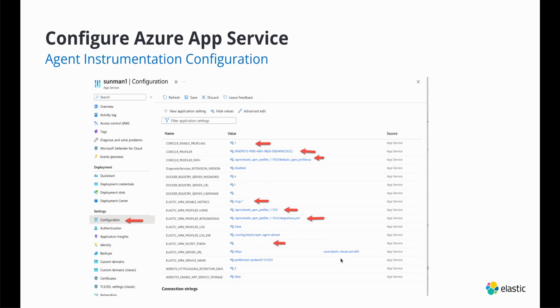So here's the part where the instrumentation comes into play. You'll go down to your configuration in your Azure App Service. And over here you can see all the environment variables that I was running locally, and how I'm using them in Azure App Service. Same exact stuff here, right? You can see here that I have the Elastic APM disable metrics, very similar to what you saw on the local.